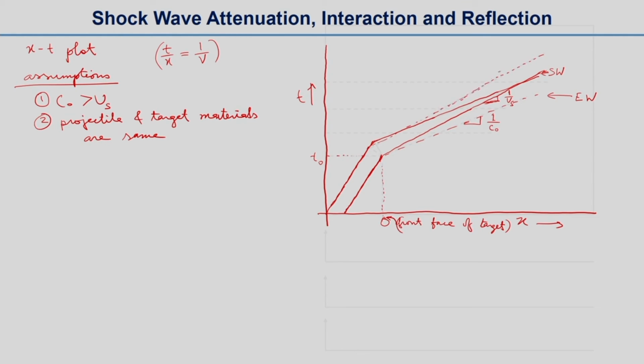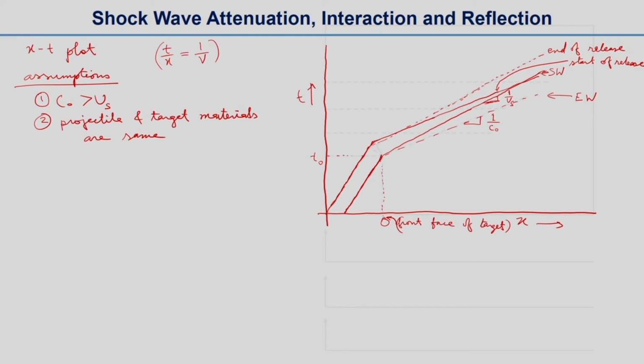These are all straight lines. The dotted line is end of release wave, I will write RW, or you can write end of release only, and this line, let it be an arrow, will be start of release. We can simply write start of release and end of release. That is the portion where the pressure will return back to 0.